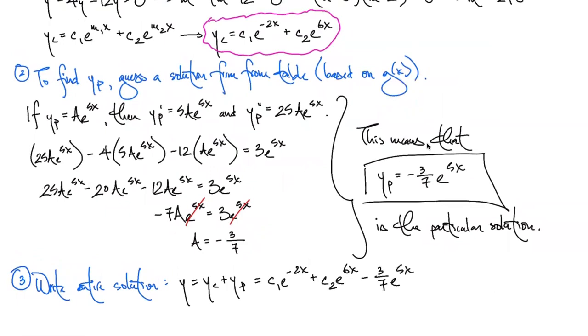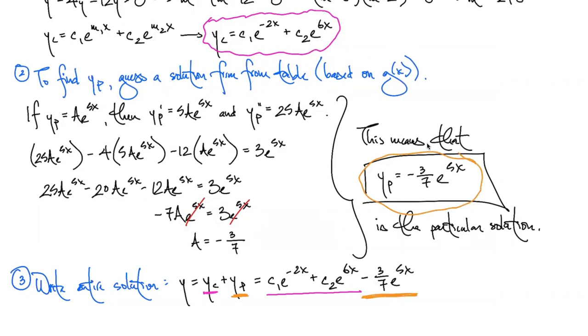And so we have our y sub c, which we said is this. And then we have our y sub p. This would be my y sub p. And so I have that on the end.